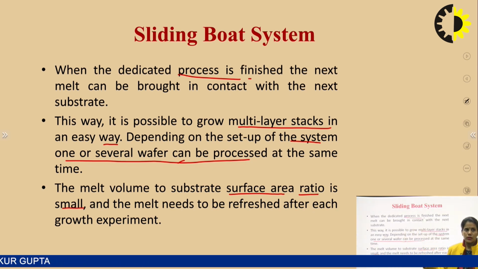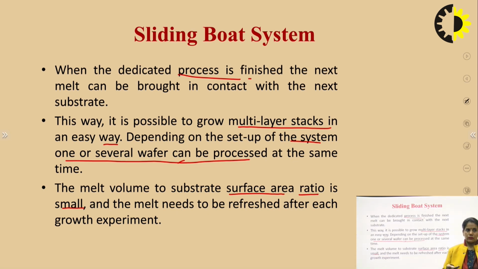What it wants to say is that the ratio of the amount of the melt to the surface area on which the layer has to be deposited is very small. So the melt volume needs to be refreshed again and again to attain the desired deposition rate.